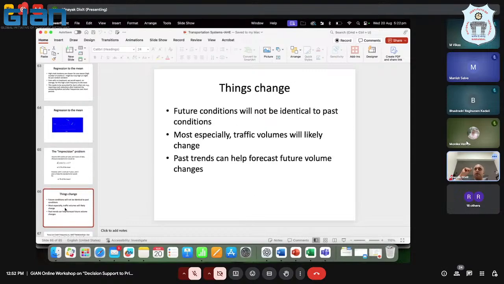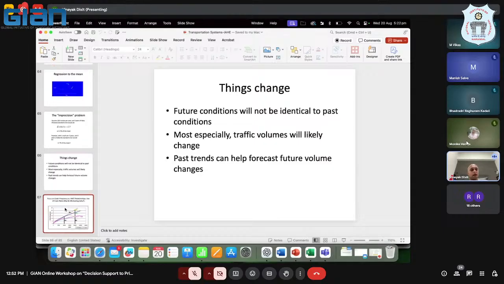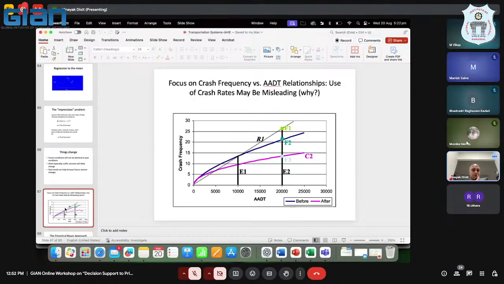First, the mean is equal to the standard deviation, and we know that with crashes, the mean and standard deviation are different. And the future conditions are also not identical to the past conditions. There are always some changes happening in our network. That is where we came up with the idea of a Bayesian method.